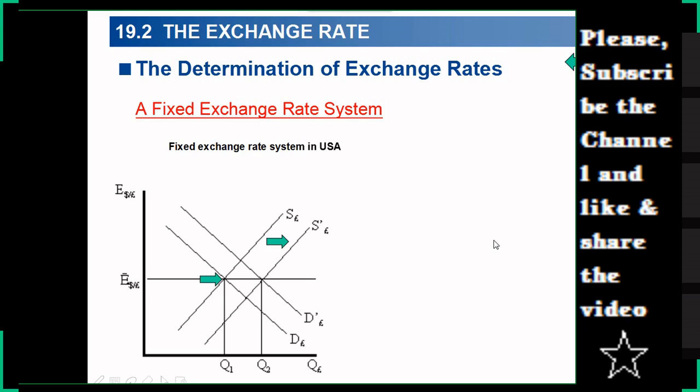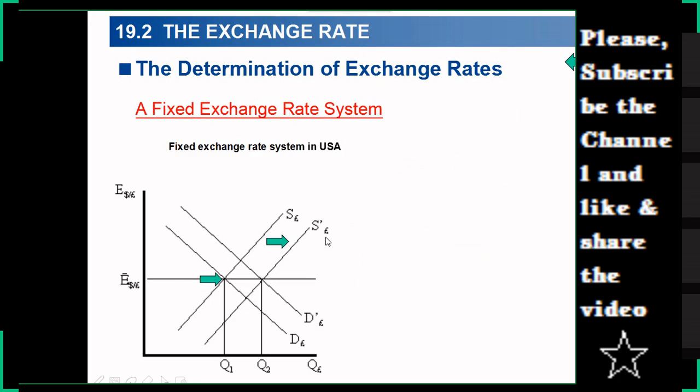So somewhere we see if the supply of pound increases in USA. So we are talking about the fixed exchange rate system in USA. Okay, so it is in USA, and what is being transacted is pound. Okay, now the supply of pound in USA increased, causing the value of pound to go down.